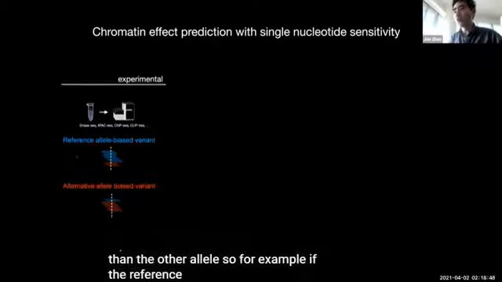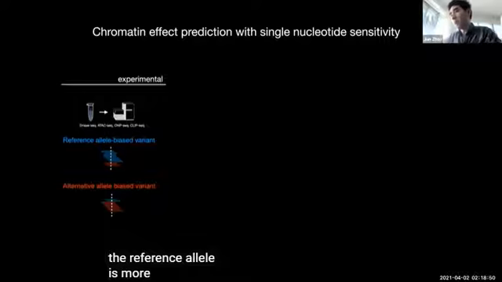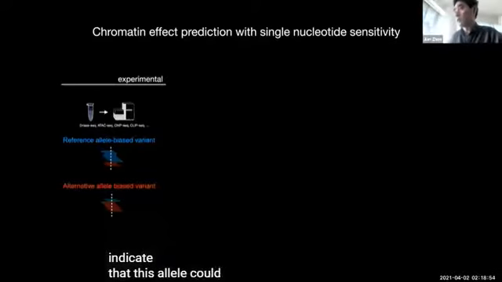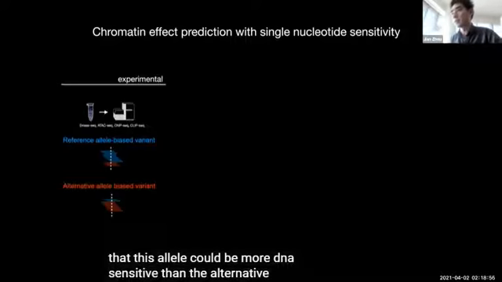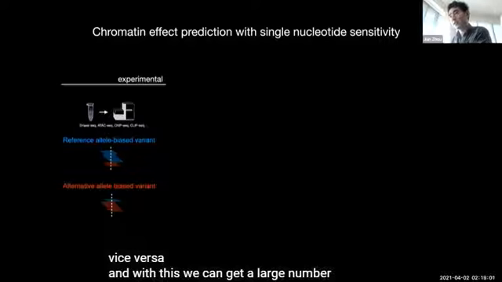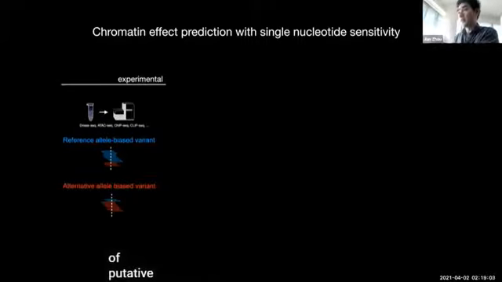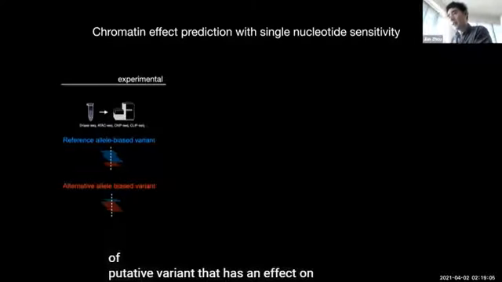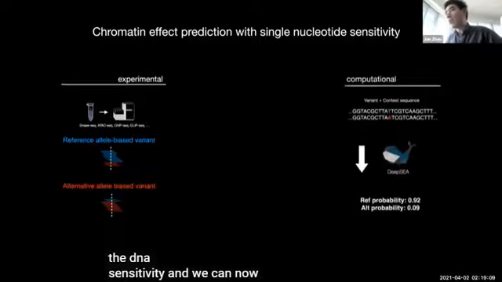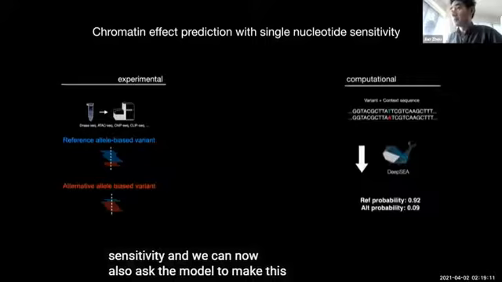For example, if the reference allele is more represented in this data set, this may indicate that this allele could be more DNA sensitive than the alternative allele, and vice versa. With this, we can get a large number of putative variants that have an effect on DNA sensitivity. And we can now also ask the model to make this prediction.